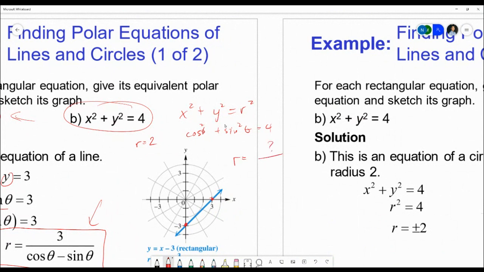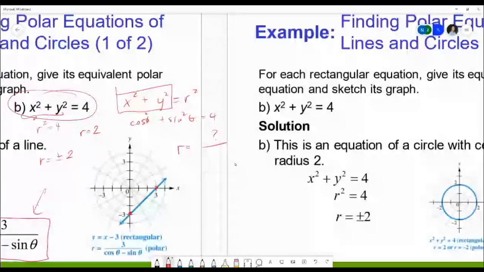Now I know that x squared plus y squared is r squared, so therefore, when I solve for r, it equals plus or minus 2.